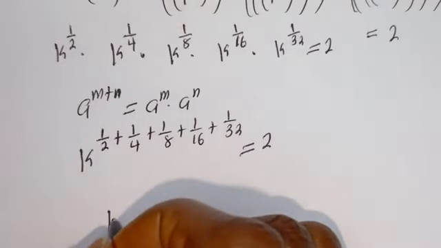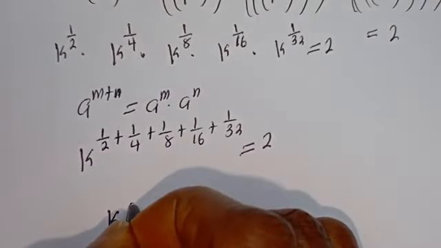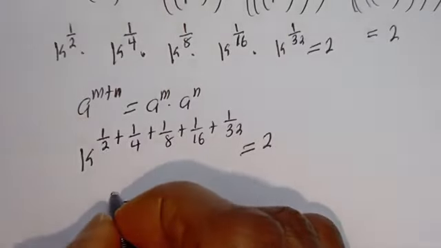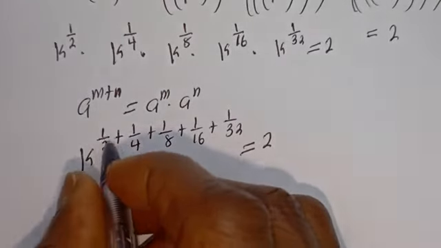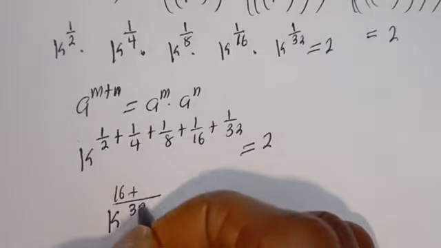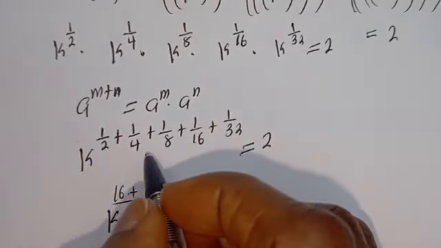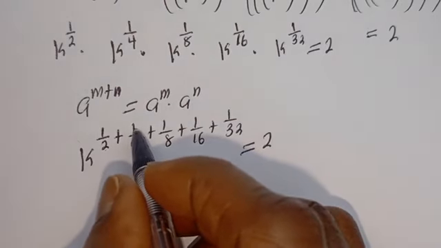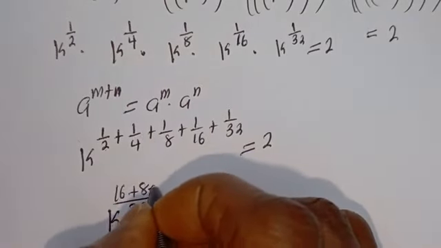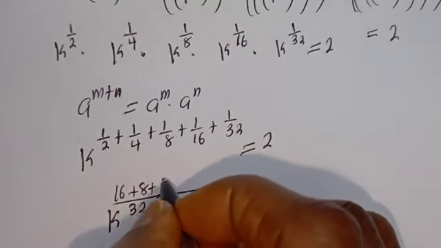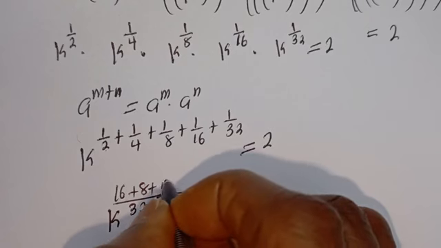We have k, here is 32. Then 2 in 32, that is 16. If you multiply 16 by 1, you get 16. Plus 4 in 32, that is 8. 8 times 1, that is 8. Plus 8 in 32, that is 4. Times 1, that is 4.